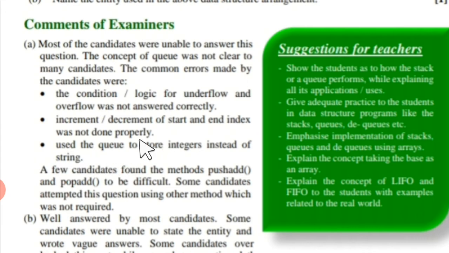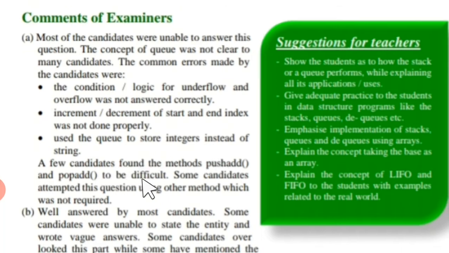Candidates used the Q to store integers instead of strings. That's a very, very important thing, right? Generally they write int as the data type for the data structure or the array. Here it's string, so please take care of that. So read the program properly.